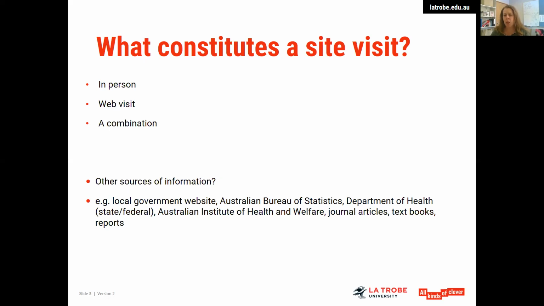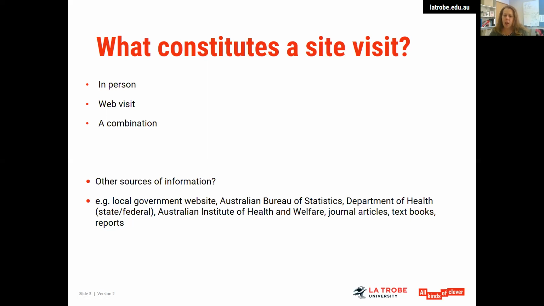And you can also do a combination of these. So as I say, there's lots of organisations who may have a local site, but also have a website that is much more overarching, perhaps at a state or even a national level. So you can utilise a combination of these approaches to address this assessment.